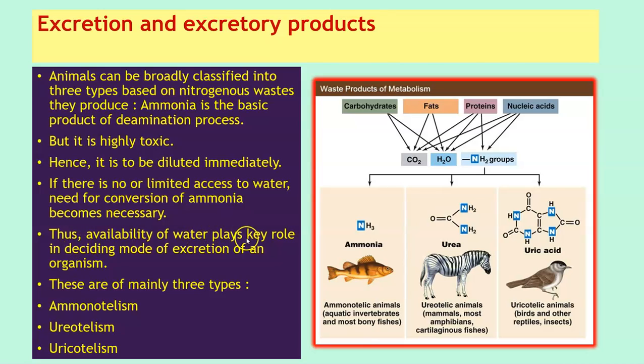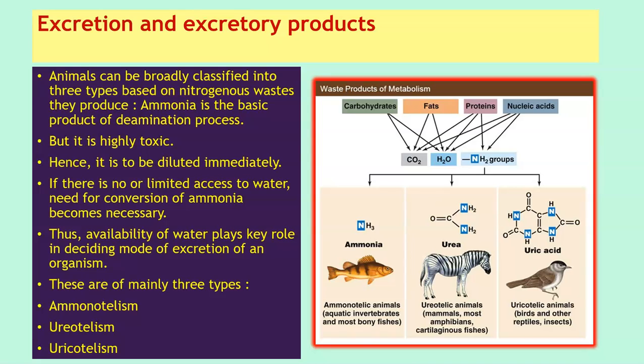Thus, availability of water plays a key role in deciding the mode of excretion of an organism. They are mainly three types. The first one is ammonotelism. Students, in this, elimination of nitrogenous wastes is in the form of ammonia and it is called ammonotelism.